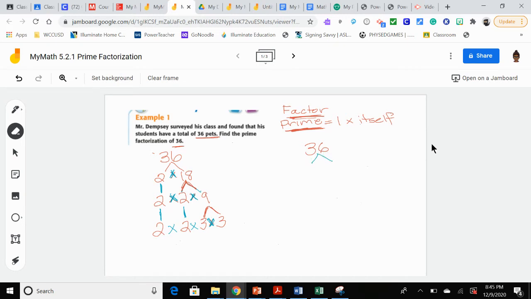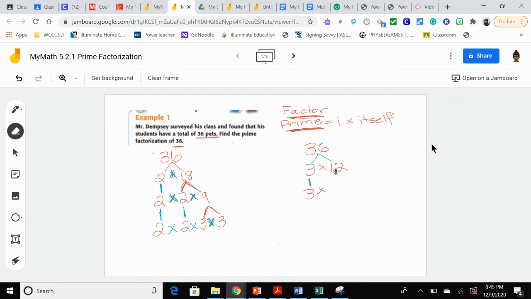Okay. All right. I'm going to factor 36 a little bit differently. I'm going to factor 3 times 12. 3 times 12 equals 36. 3 is a prime number. And so I'm going to bring that 3 down, and I'm going to still decompose 12.